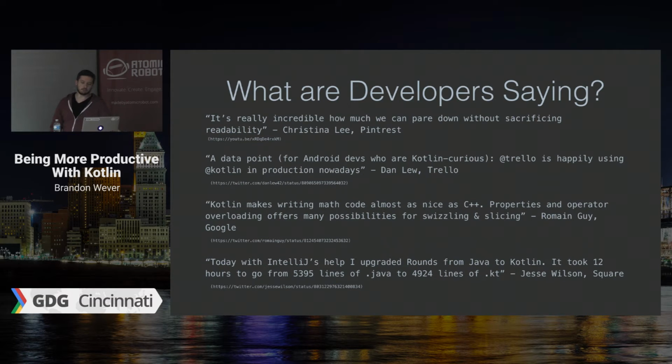Romain Guy from Google says, Kotlin makes writing math code almost as nice as C++. I'd say that's a pretty big compliment there. I guess it depends on how you feel about C++. It could go either way there. And then Jesse Wilson from Square was able to convert one of their apps from 5,400 lines to a little under 5,000 lines of Kotlin.